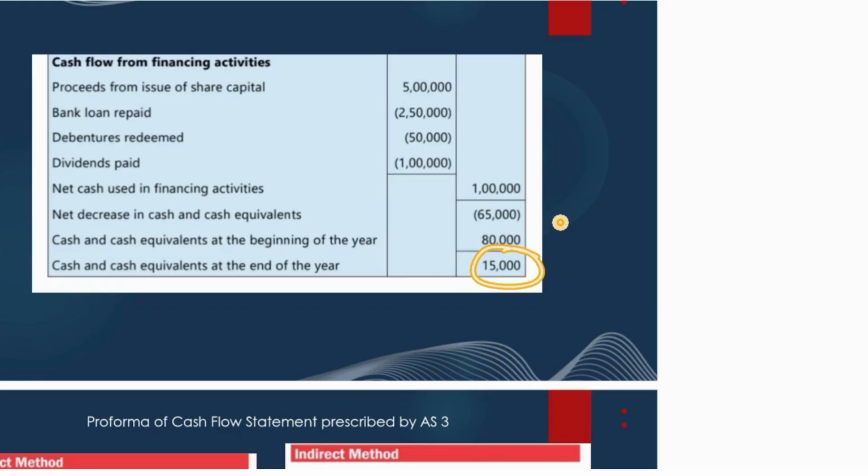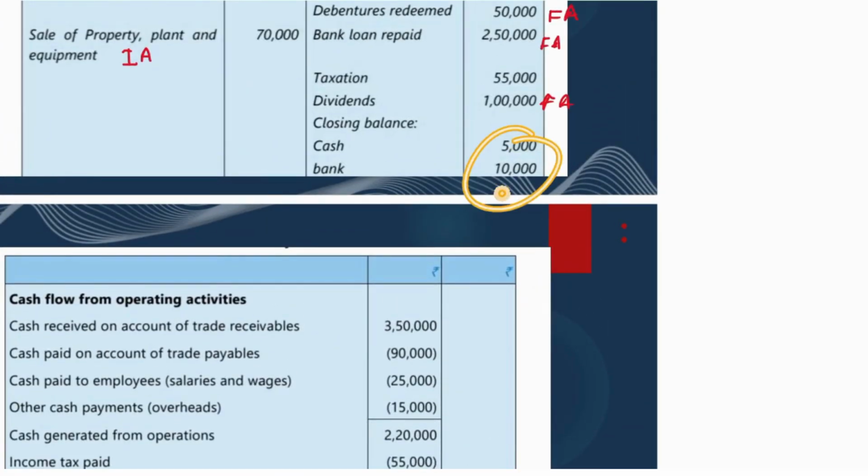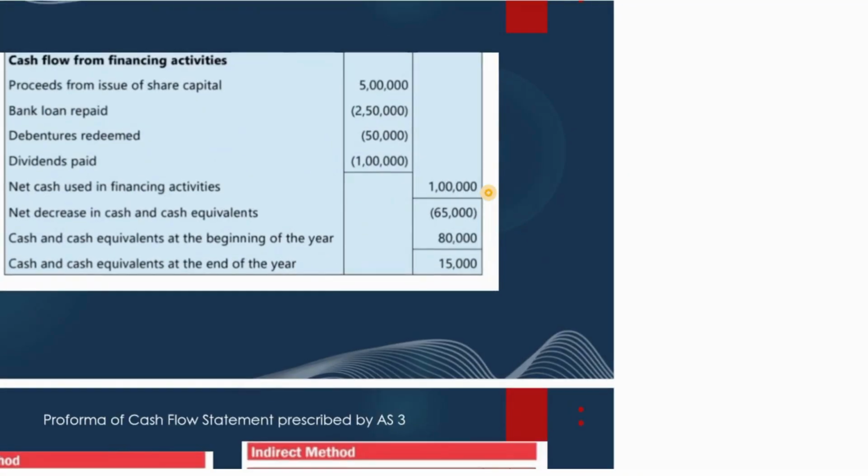If this answer matches with your closing balance, that means your question is correct, because the change was 65,000. Thereafter you have added the beginning balance, so you should be left with your closing balance only. So this gives you a reality check whether you have properly prepared the cash flow statement or not.